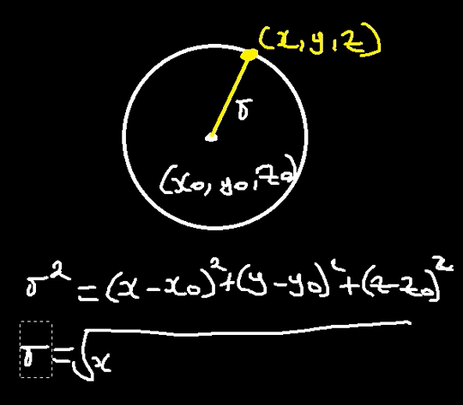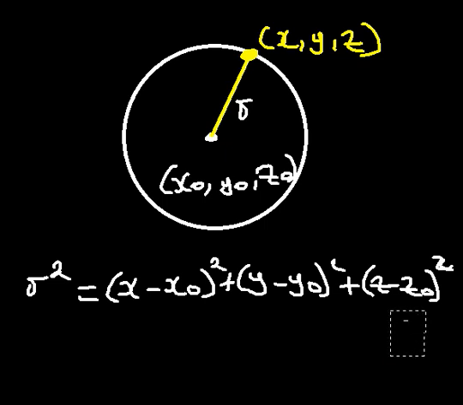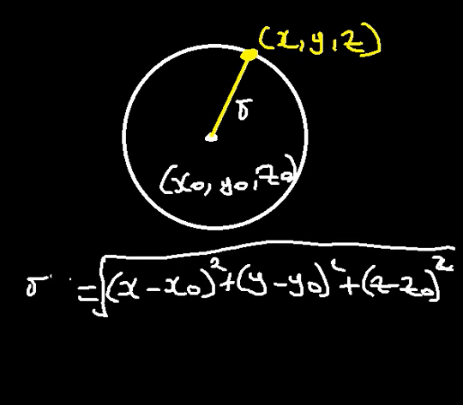Let me present it this way. So we can also have it in this way, which is the same as well. Which means if we have the radius and the center, we can have the equation of a sphere in this form, where x, y, as well as z are the variables.